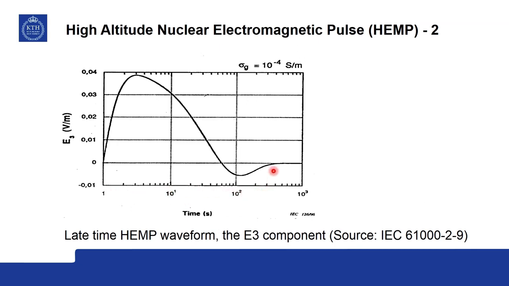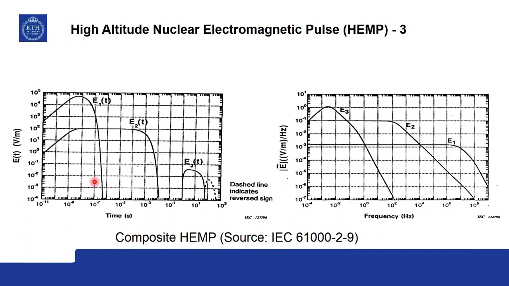The high altitude nuclear EMP E3 component has a lot of energy, but the amplitudes are much smaller, but it can produce problems with very long transmission lines, very long pipelines, etc. This is a composite waveform showing the E1, E2 and E3 components, and this is in the time scale and this is in the frequency spectra. This is the kind of source that one has to design the critical system against.